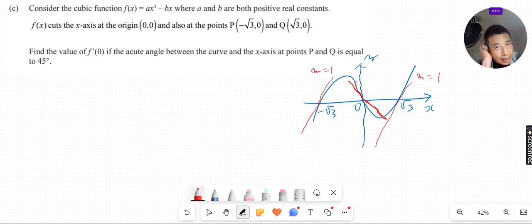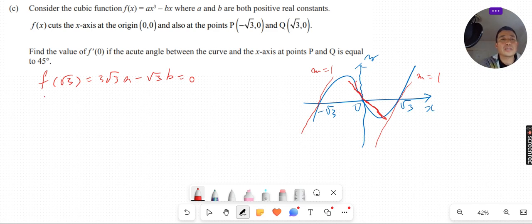So I see we can make one equation out of this. If I plug in, say, start with square root of 3, that means 3 square root of 3 a minus square root of 3 b, right? When you plug in square root of 3, that is 0, isn't it? That's one equation.